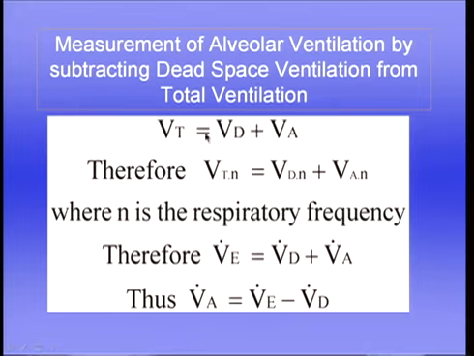So this is tidal volume, this is dead space volume, and this is the volume coming from the alveoli. And incidentally, as we go on, you'll see that in the gas phase, we always use uppercase letters to indicate the gas phase. We use lowercase for the blood phase, which we'll be talking about next time. So having set up this equation, the tidal volume is equal to the volume coming from the dead space plus the volume coming from the alveoli.